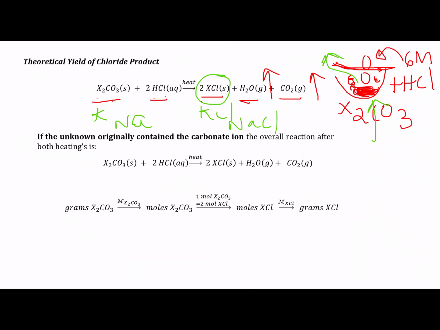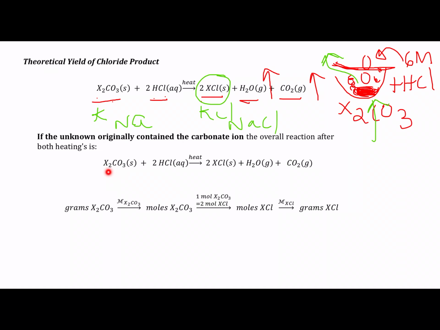Okay. Now, if the unknown originally contained the carbonate ion, the overall reaction after both heatings is metal carbonate plus 2 hydrogen chloride, giving us metal chloride, water and carbon dioxide. Remember, we did 2 heatings. The first heating, we took the metal carbonate, heated it, and nothing happened.